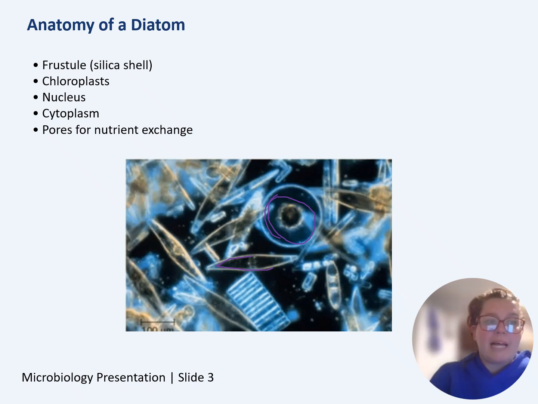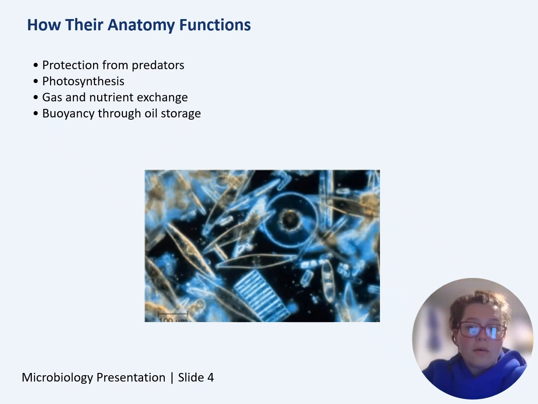Inside, they have the chloroplast for photosynthesis, a nucleus that controls the cell functions, and cytoplasm where the cellular activity occurs. Small pores in the shell allow the nutrients and gases to move in and out. So each structure in the diatom serves an important purpose.